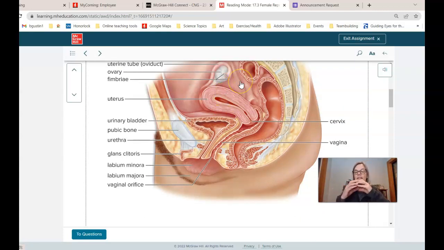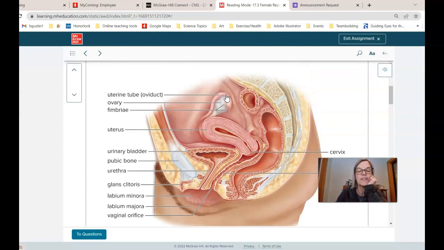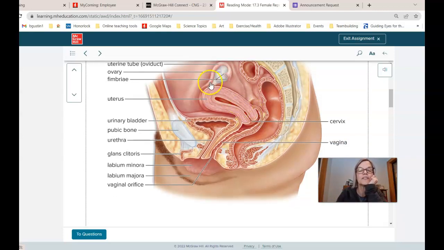That wall gets stretched and gets thinner and thinner as a pregnancy progresses. The other thing to notice, here we go. So this is where if a sperm is going to fertilize, the sperm will fertilize an egg. And that happens kind of right here in the fallopian tubes.